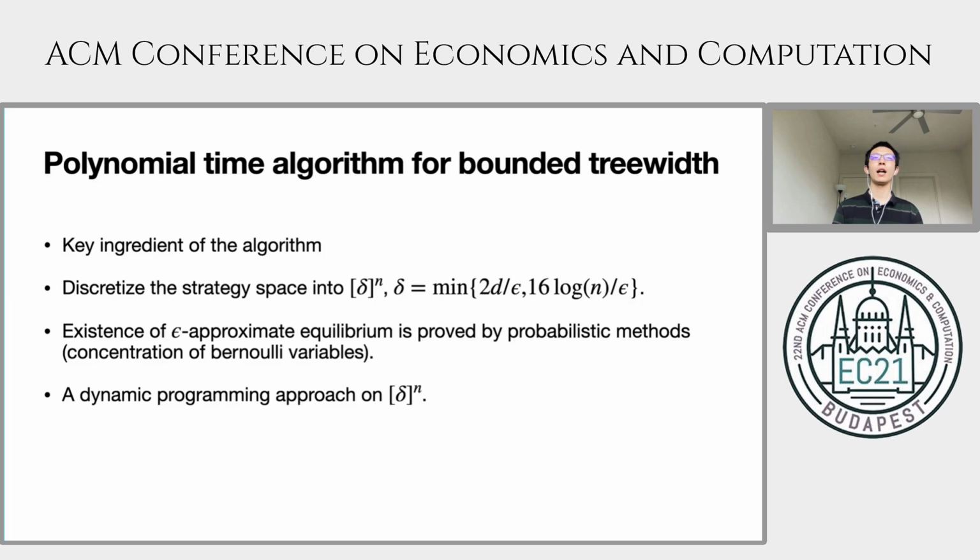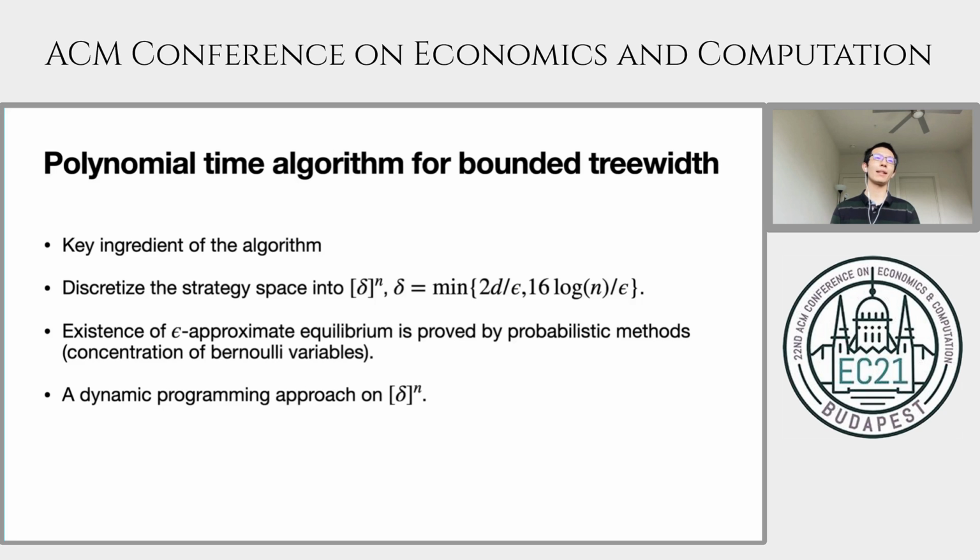Roughly speaking, it first discretizes the strategy space into small grids, and then we design dynamic programming on the discretized grids. In particular, we discretize the entire continuous strategy space into the discrete grid, and the size of grid delta is equal to the minimum of d over epsilon and the log over epsilon.